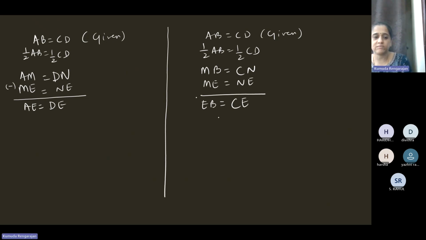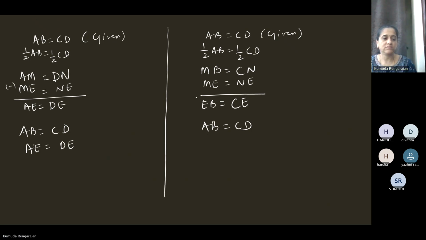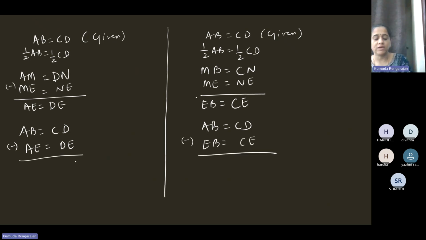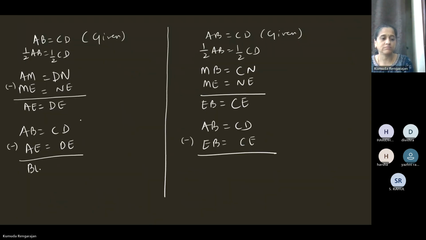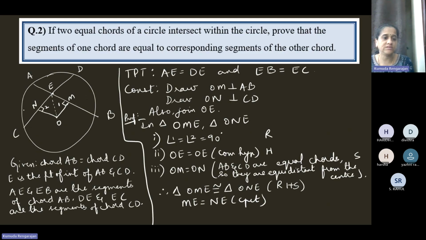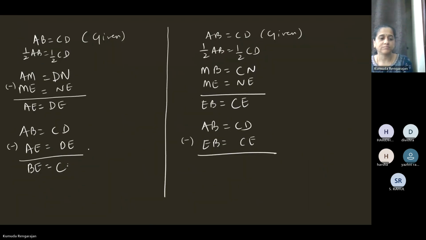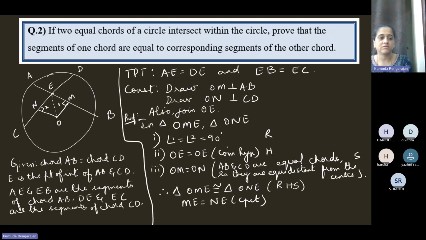So you can see we proved two different results. Now write the whole chord, AB is equal to CD. Here also write AB is equal to CD and subtract these results. AE is equal to DE, so AB minus AE is BE, equals CD minus DE, which is CE.